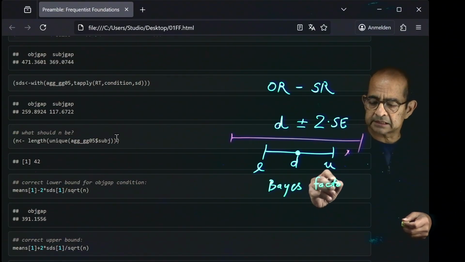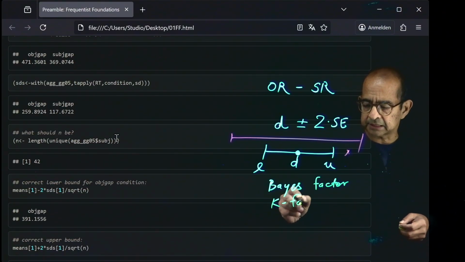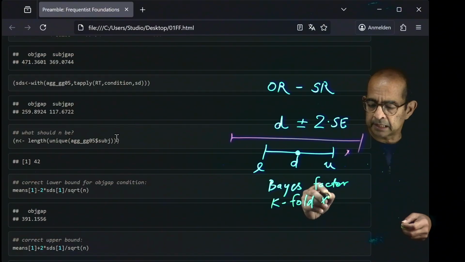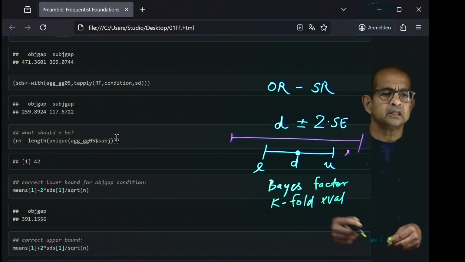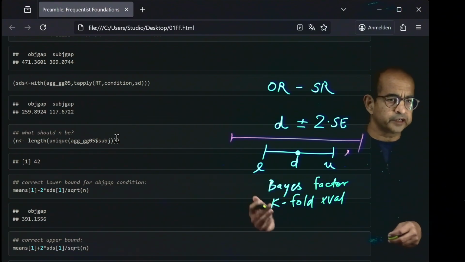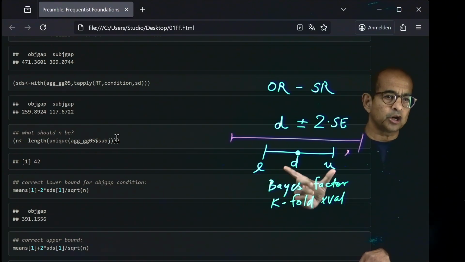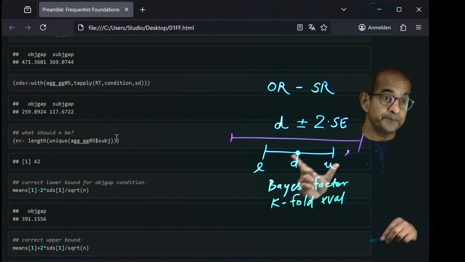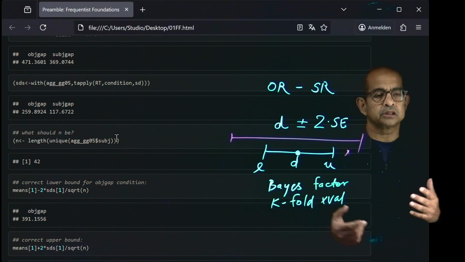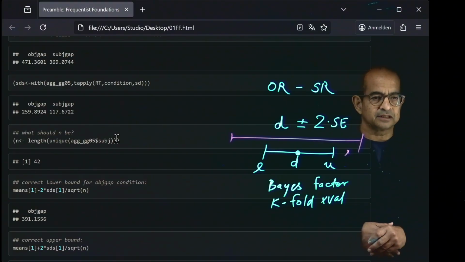Or you have to do something like k-fold cross-validation, right? So these are the ways that you would establish evidence for one model over another model, but in general, one would not use the Bayesian interval to carry out a frequentist null hypothesis significance test.